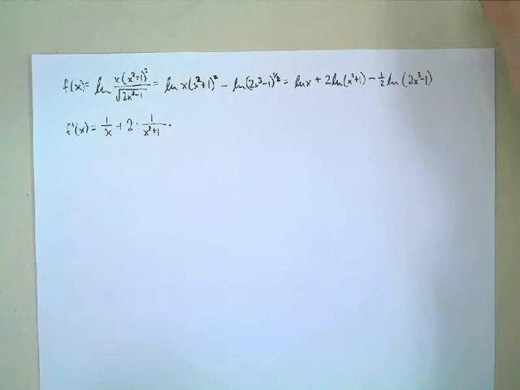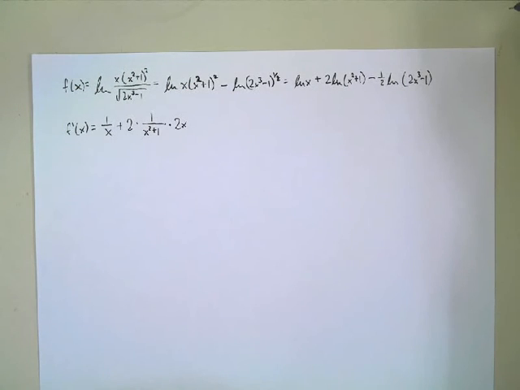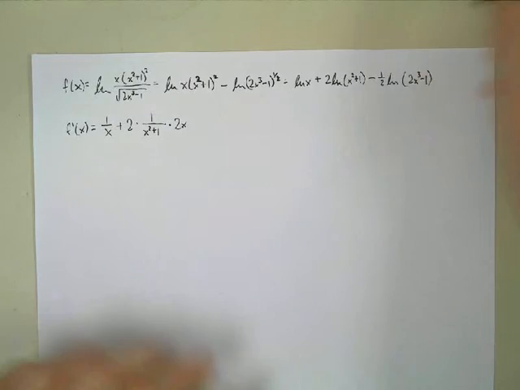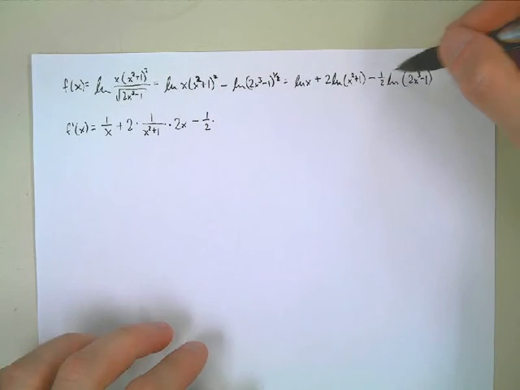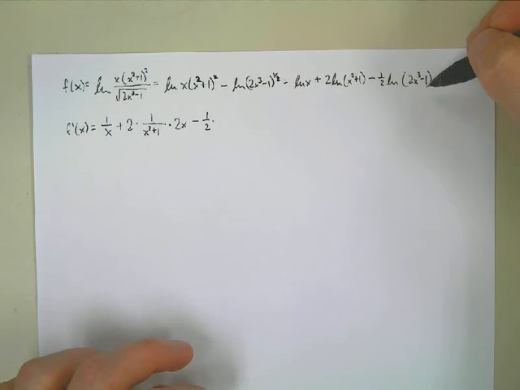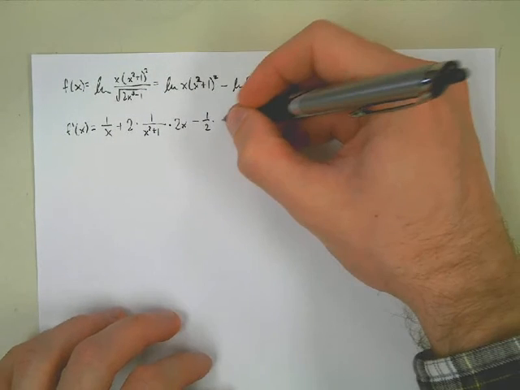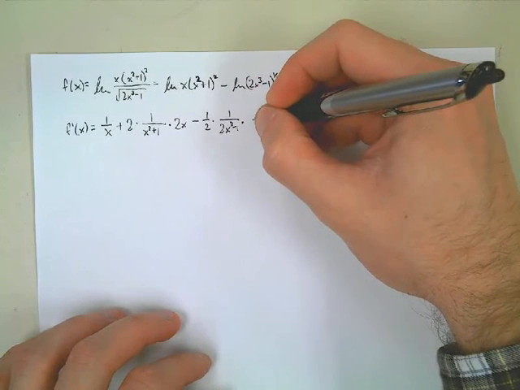Minus 1/2 times, all right, now what about this one here then, Donovan? What's the derivative of natural log of 2x cubed minus 1? 1 over 2x cubed minus 1 times 6x squared. Beautiful. Very good. Not too shabby. We can simplify a little bit, right?